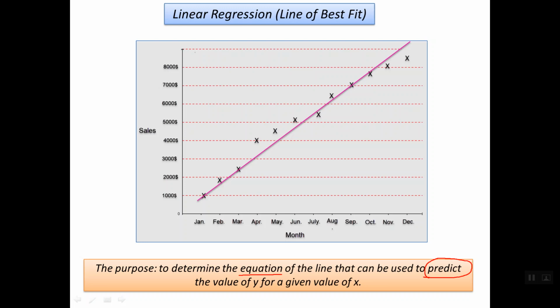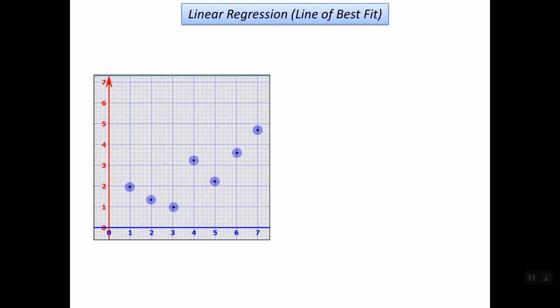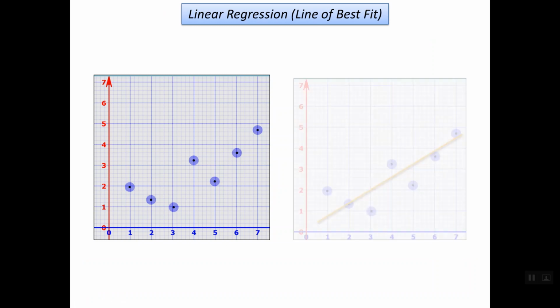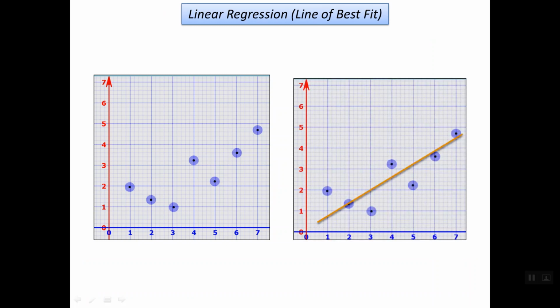In the next presentation, I'll talk about the way to determine the equation of the line of best fit. For example, if we try to draw the line of best fit for all of these plots, simply we can draw the same as this line.